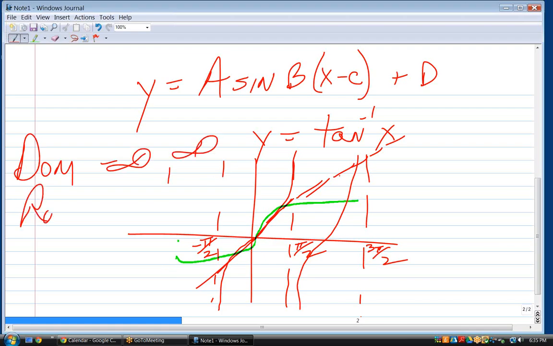And the range is going to be whatever the domain was for the tangent function. I don't know how you write that, except x not equal to, let's see, it can't be minus pi over 2, it can't be pi over 2, it can't be 3 pi over 2, so odd.